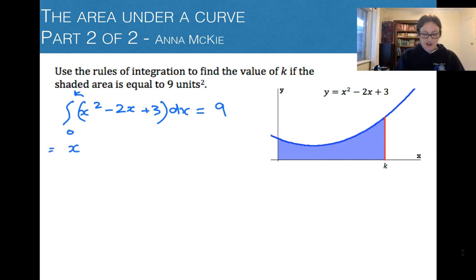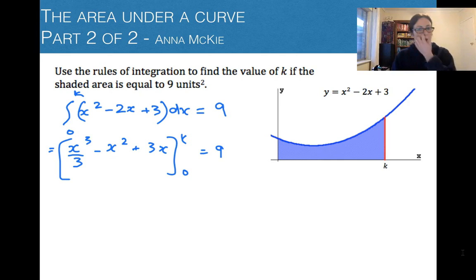So rules of integration, x cubed on 3, we're going to get x to the power of 2 on 2, so those 2's will cancel, ending up with x squared plus 3x using square brackets between k and 0, and that's equal to 9. So now we can substitute in k and 0 and see if that helps us solve things.